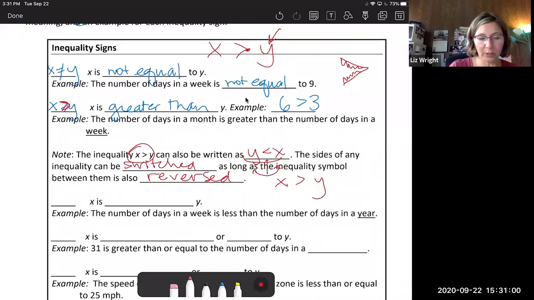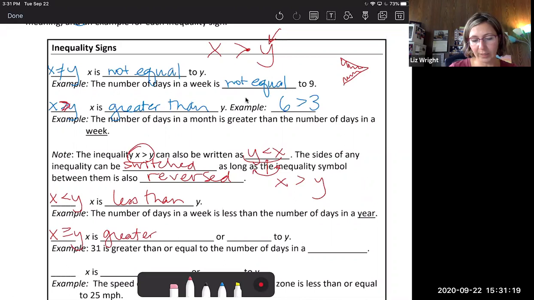The next symbol is x is less than y. So the number of days in a week is less than the number of days in a year. And then we've got x is greater than or equal to y.